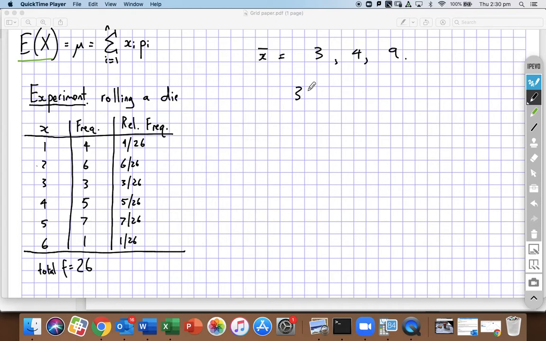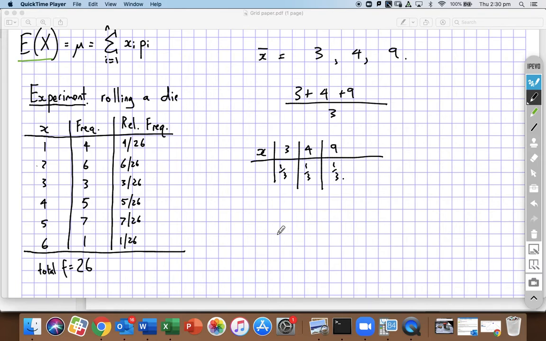I'd have to say 3 plus 4 plus 9 divided by 3 numbers, right? N equals 3 there. But I could write these values in a table. So there was a 3, there was a 4, there was a 9. One third of the values was a 3, 1/3 was a 4, 1/3 was a 9.